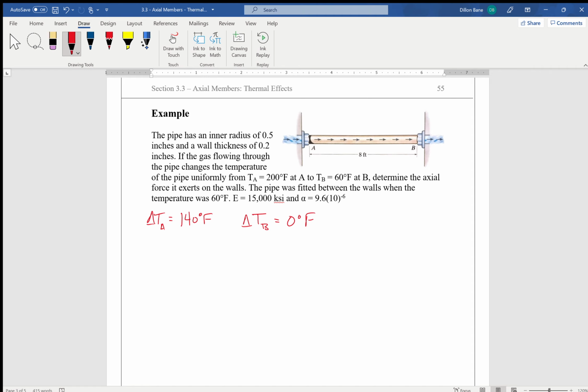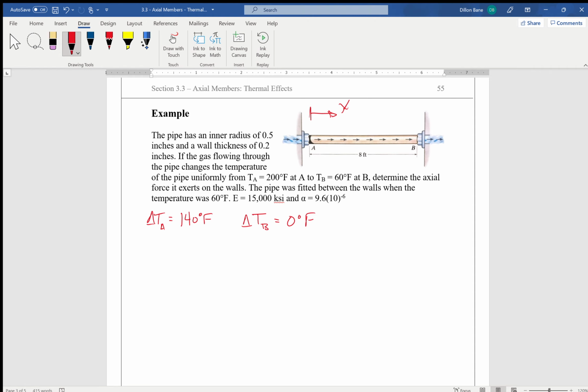So what if I was to then, we're just going to say X starts here at the left side and works our way to the right. So at X equal to 0, delta T is 140, and at X equal to L, which is 8 feet, delta T goes to 0.